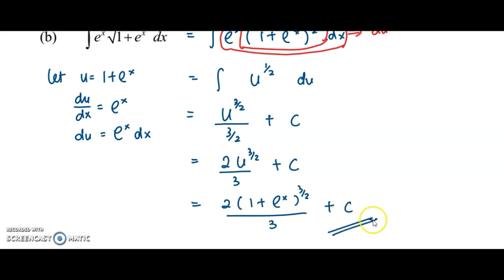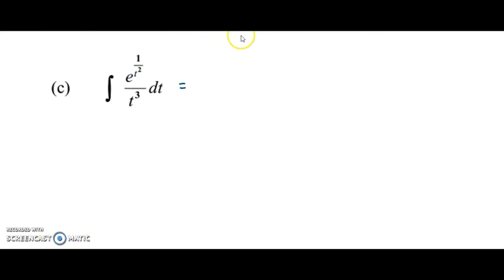plus c. For this question C, I'm going to assume that u equals 1 over t squared. Why do I do this? Because I can see that if I find du dt, I will have a negative 2, because this can be written as t to the power of negative 2.